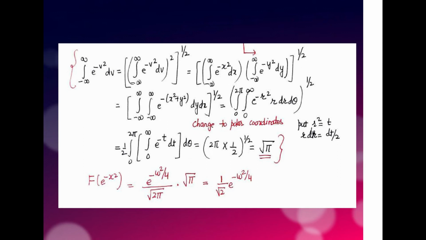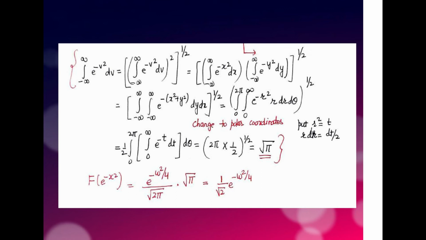So we square this expression and then take its square root. Now we simplify the inner part, that is the square of this expression, the required integral. We can write this as a product of two integrals, and limits of integration are from minus infinity to plus infinity.